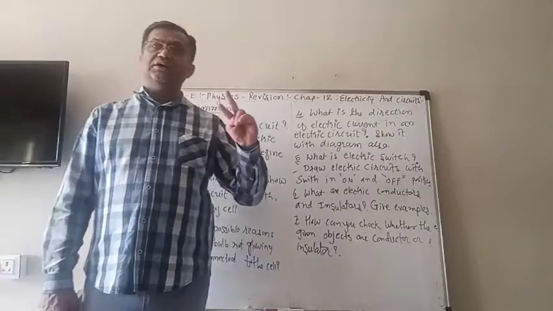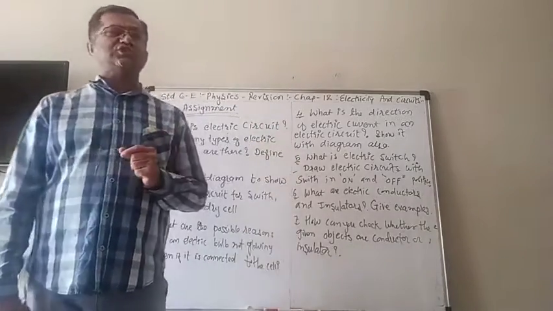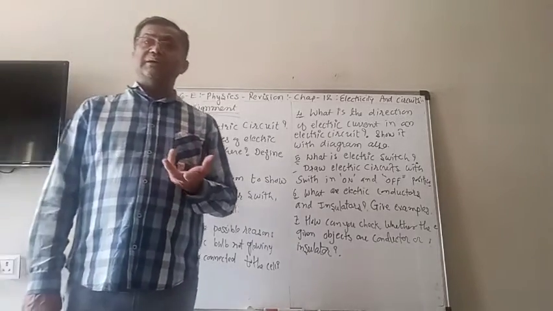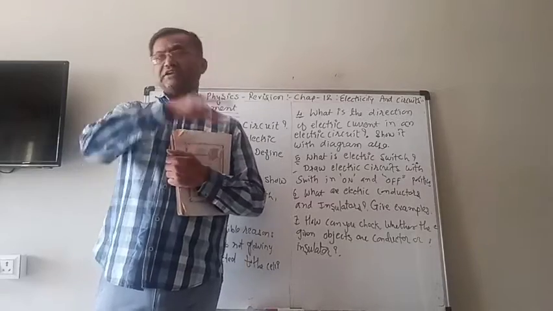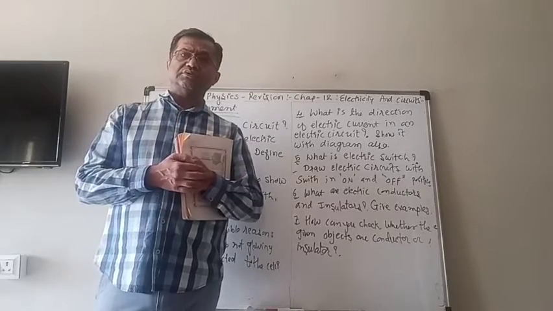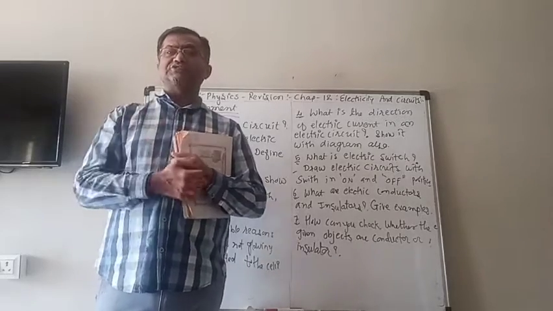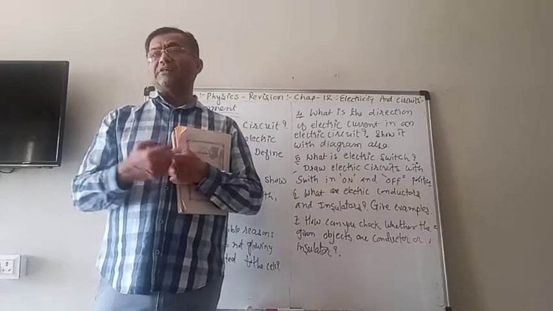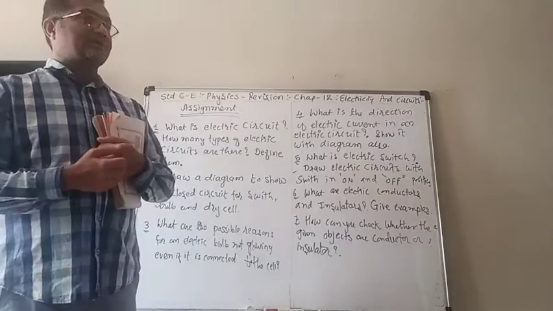So those are the two types of circuits. Now what is the switch? A switch is actually known as the circuit breaker also. Why? Because when we put the switch in the on position, it completes the circuit. And if you put the switch in the off position, it will break the circuit and the current will not pass. So it is also known as the circuit breaker.